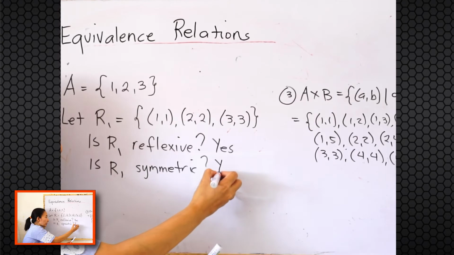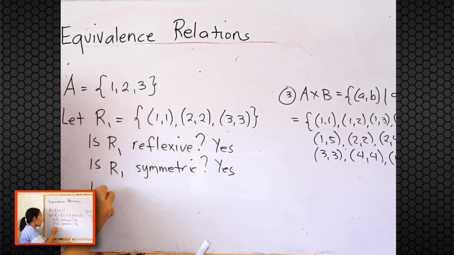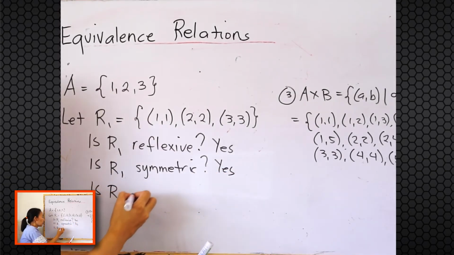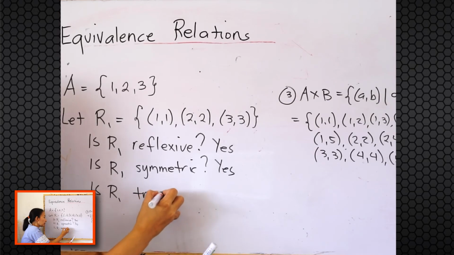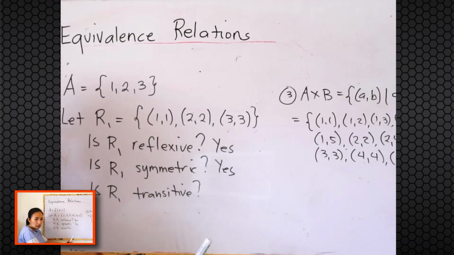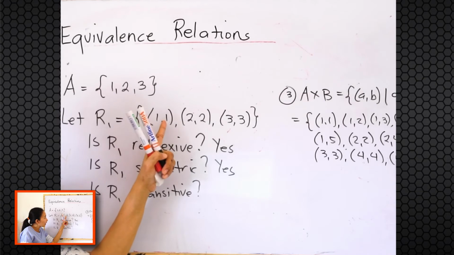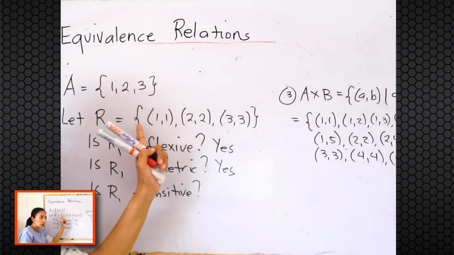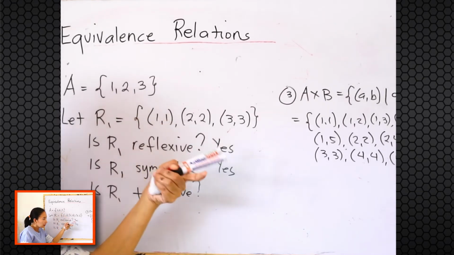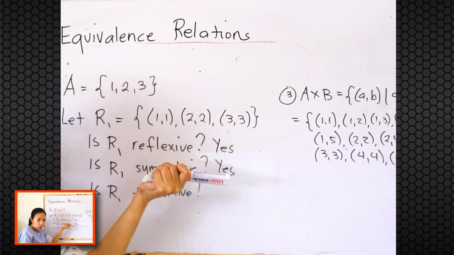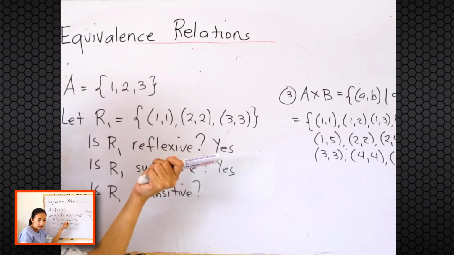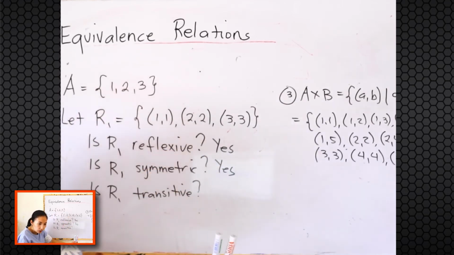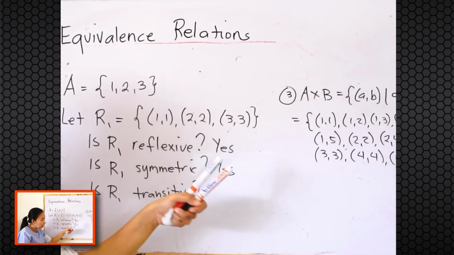Yes. Next, is R1 transitive? Let's go back to the slide. 1 is related to 1, and 1 is related to 1. 3 is related to 3, and 3 is related to 3.